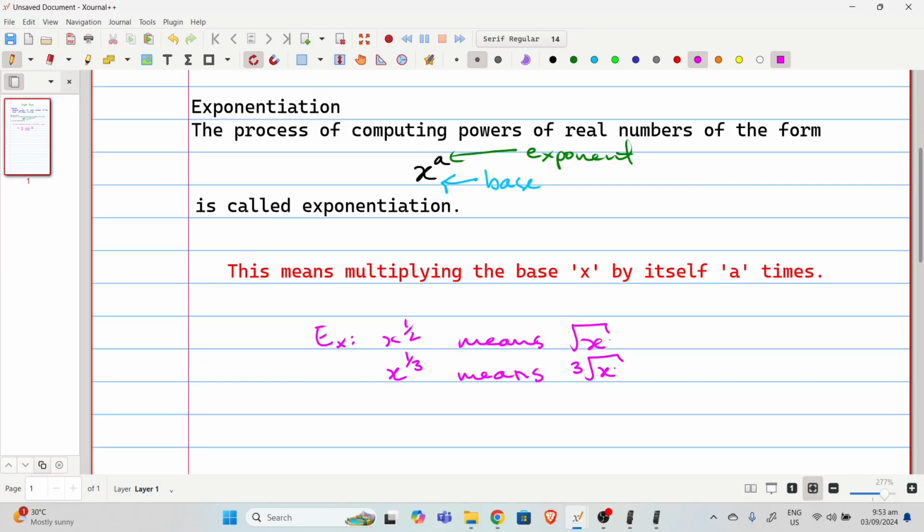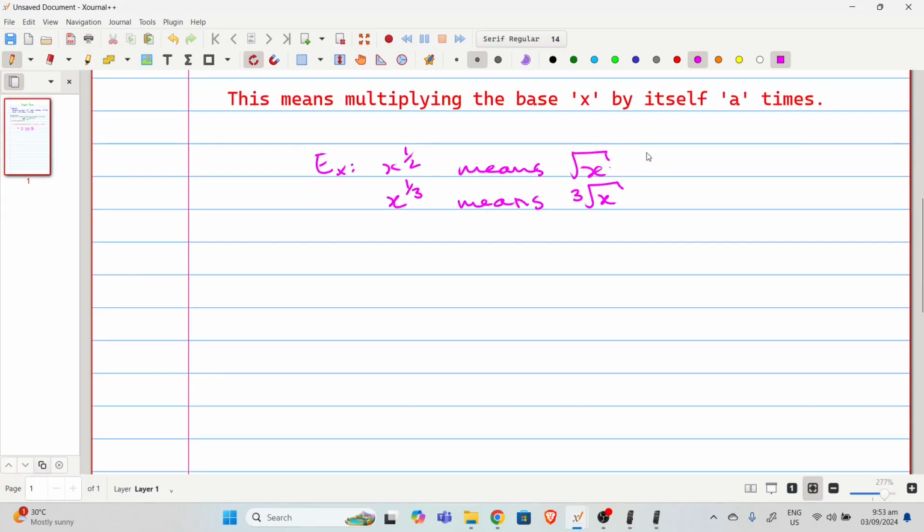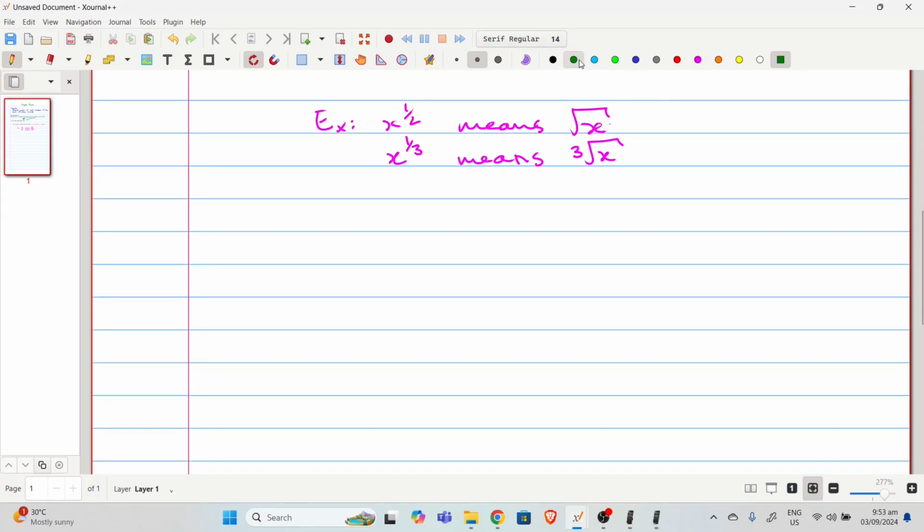Later on, we're going to learn more about indices and the indices laws and how you would deal with these things. But just know right now how to do an exponentiation, which is simply taking a base x and multiplying it by itself a times. Now there are a few common ones that you already know how to do, for example, the squares.